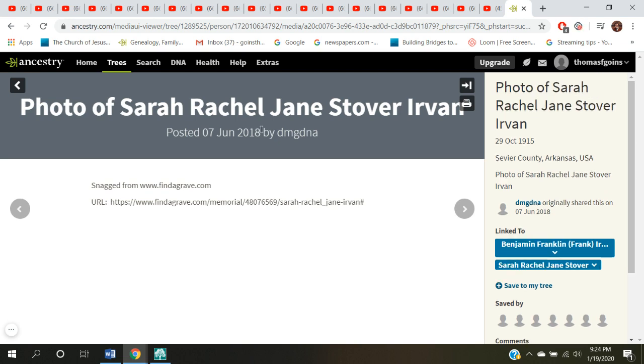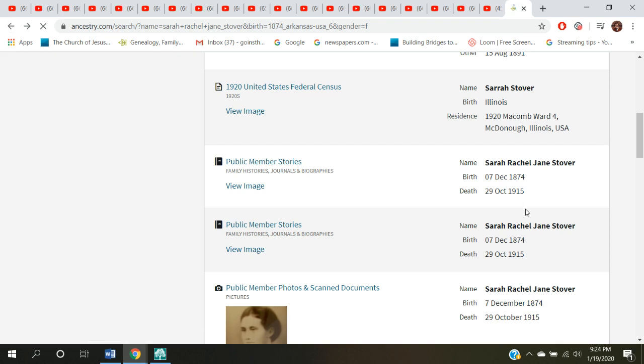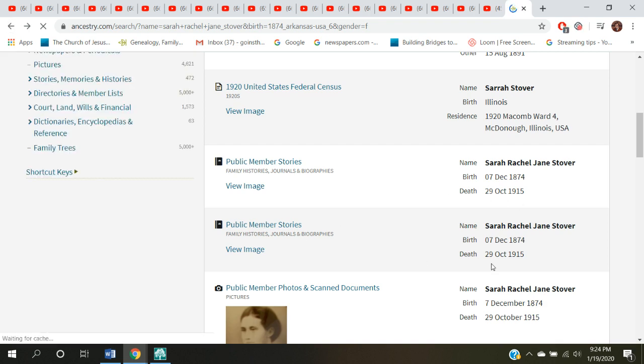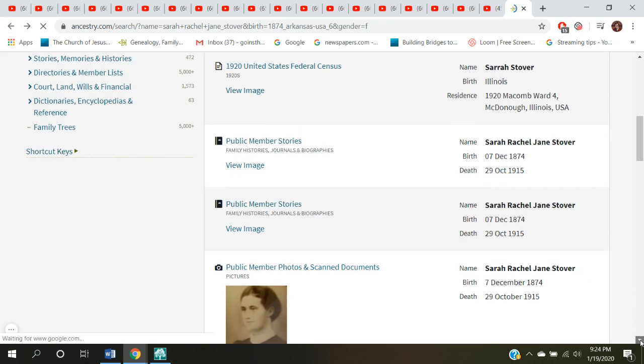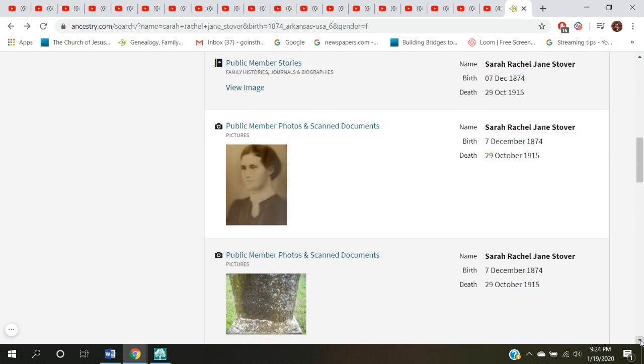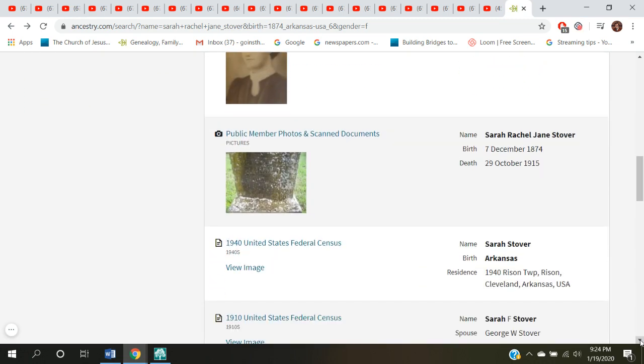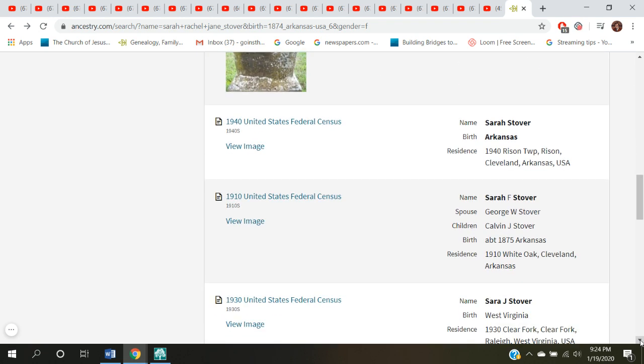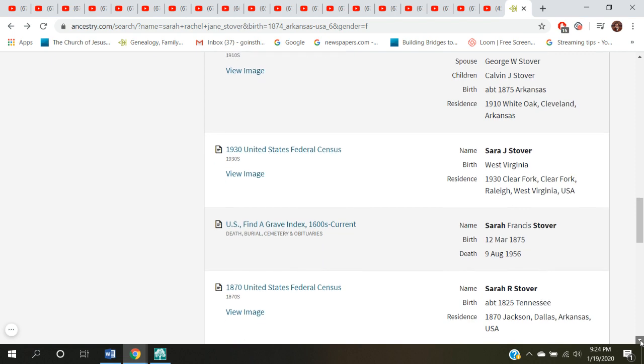So go backwards. This is probably the same thing or another family tree that's in Ancestry. We have some more information here. Just looking at some other possibilities.